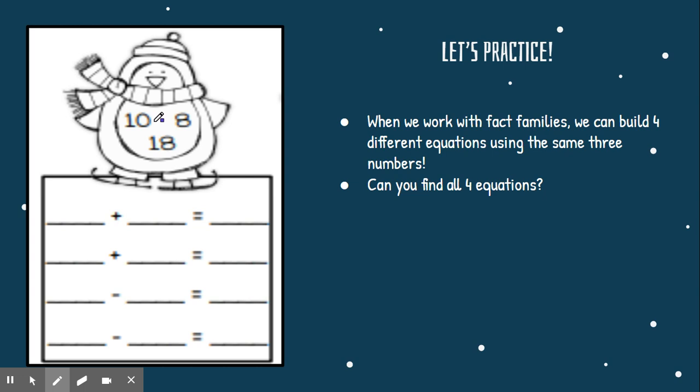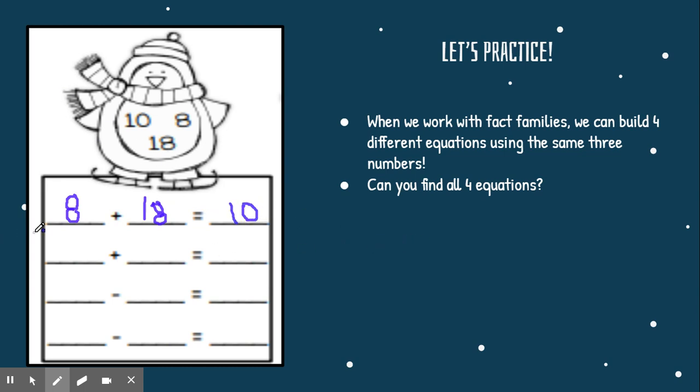So we have 10, 8, and 18. And I always like to start with the smallest number, so I'm going to put 8. Now let's think about this. If I put 18 here, because I can only use those three numbers, then that means I have to put 10 here.